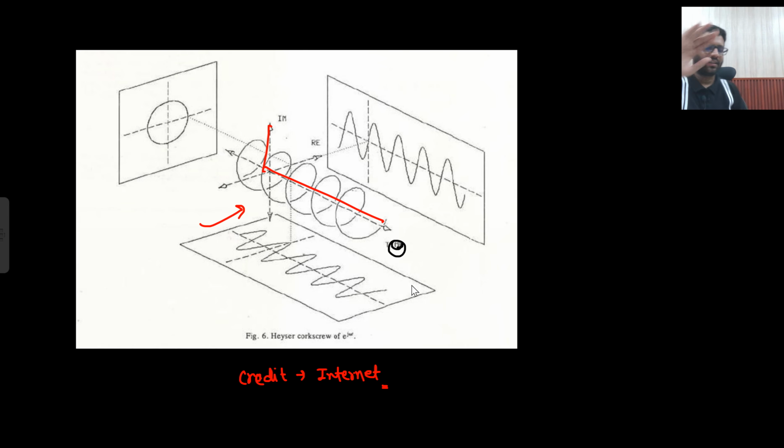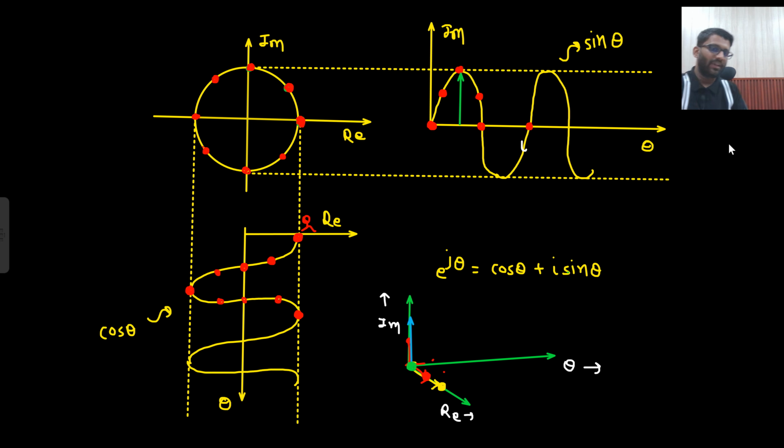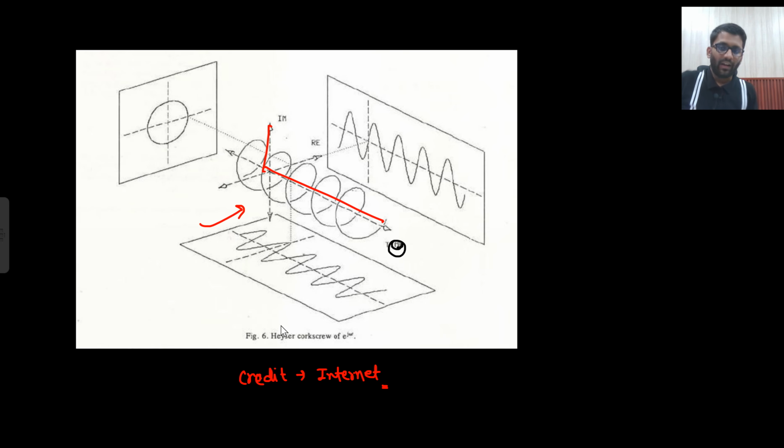And if I see from downward, from the real plane and theta, what do I see? A cosinusoid. So with respect to three different planes, you see three different waveforms.